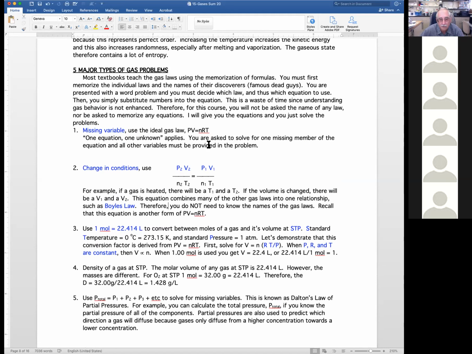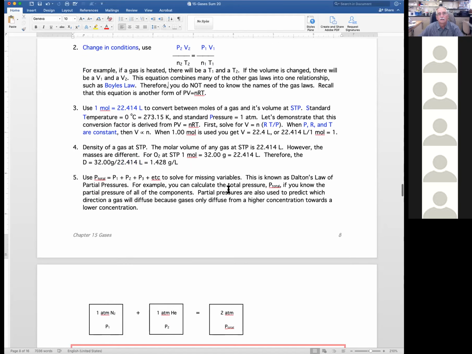Another type is a change in conditions. Say you're reading a problem, oh, the gas was heated from so-and-so to so-and-so. That means that there's a T1 and a T2. So you use this for a change in conditions.